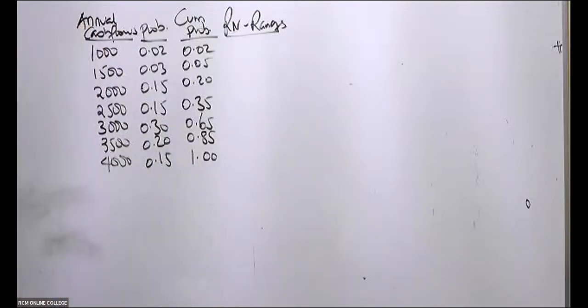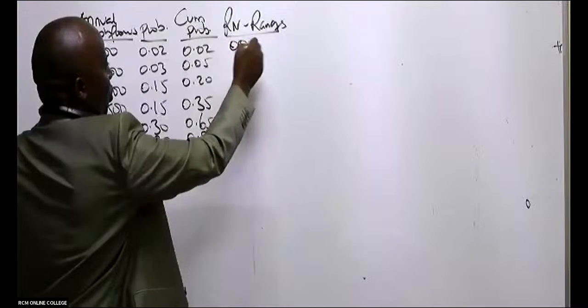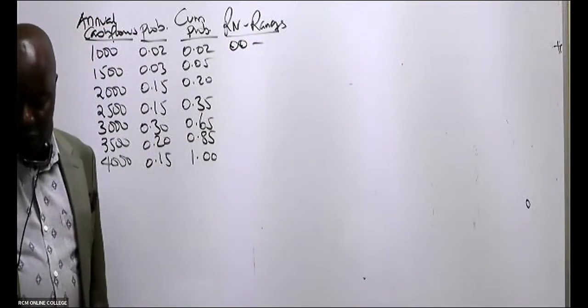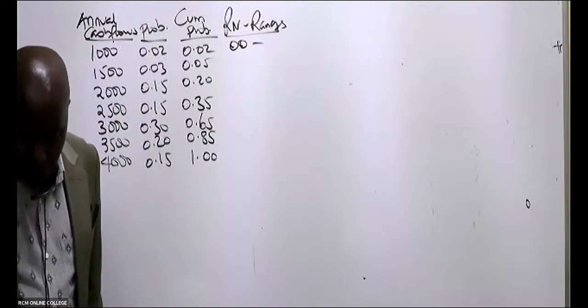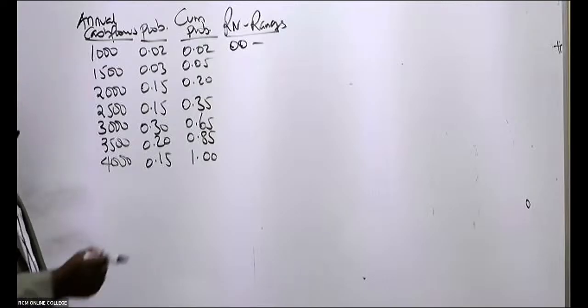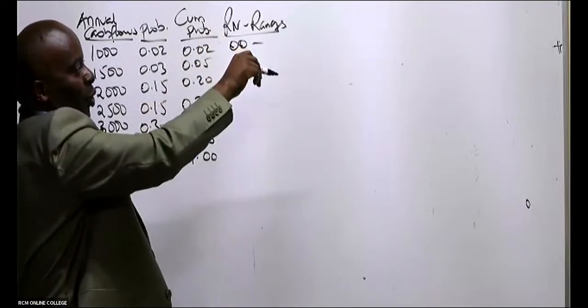So random number ranges. So we have here 00. I feel like I'm alone. 00 to what here? Somebody please tell me the first class. 00 to 01. Thank you so much, Margaret. You must be a very good student. So I can't just write 1, and I can't write 10, for them to be 2 digits.